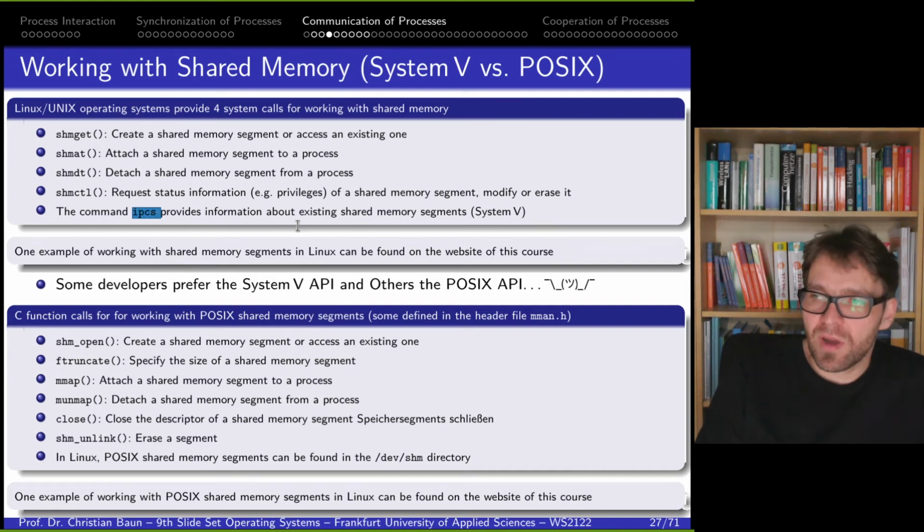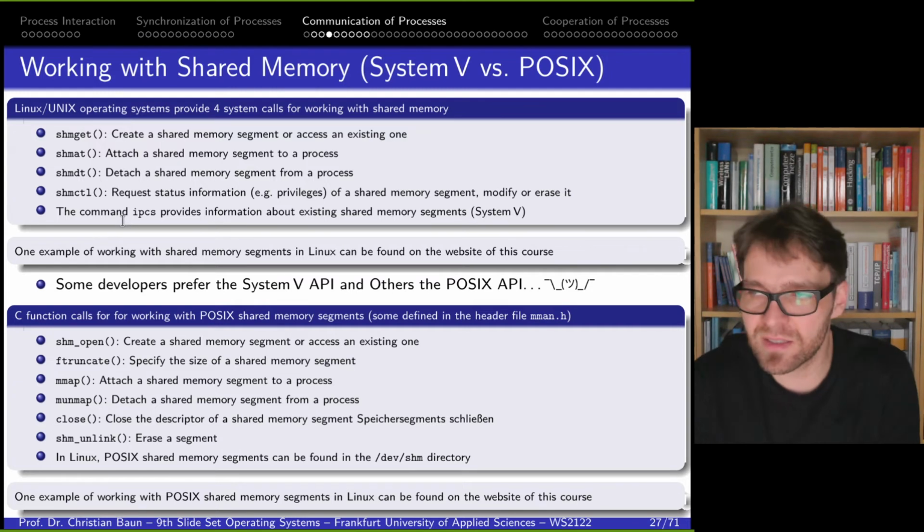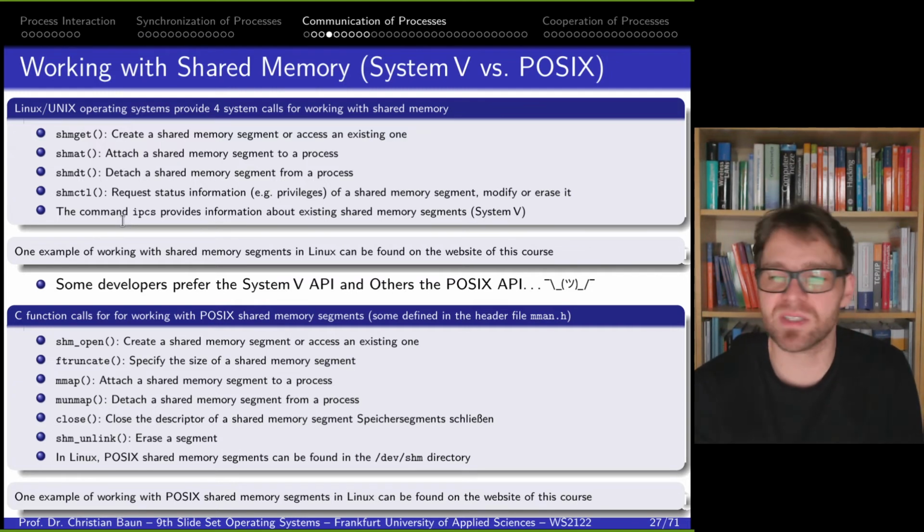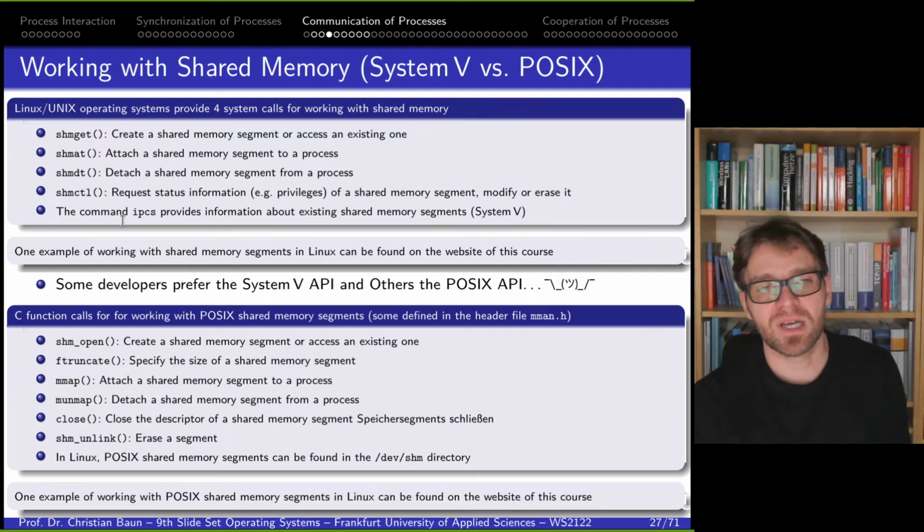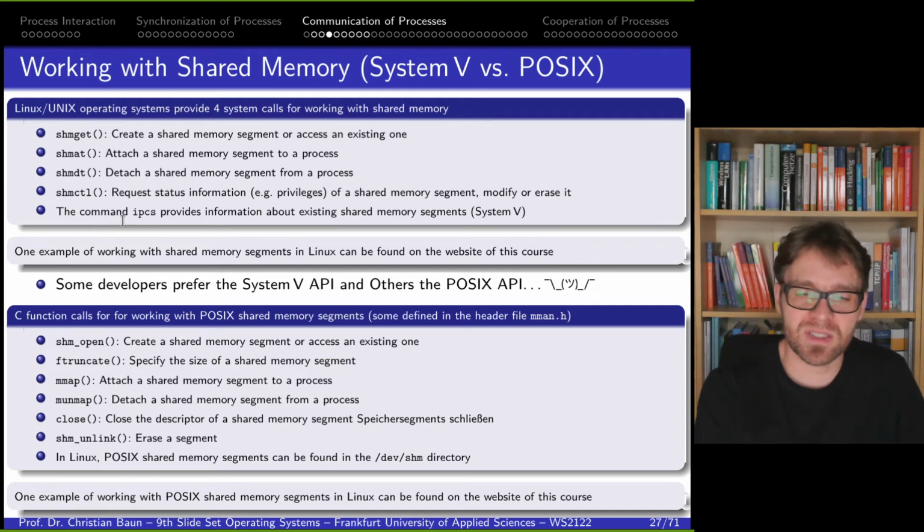If you want to learn about the shared memory segments on your system, you have one handy command line tool present in your system, at least. It's IPCS. This IPCS tool will give you a list of the existing shared memory segments. If you want to play around with these system calls, pretty simple.